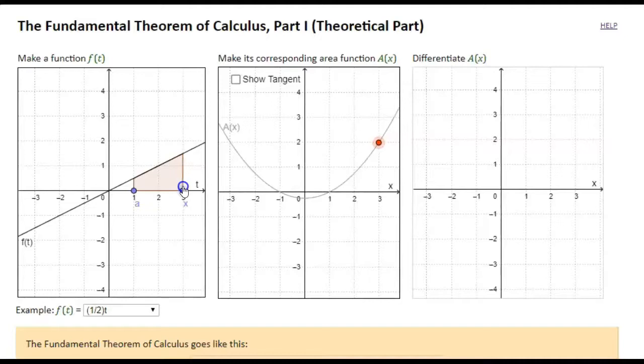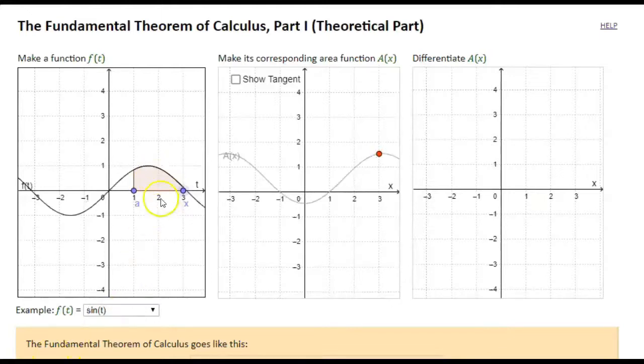Okay, if I asked you, what's the area of that shape right there? Okay, because at that point right there, it's about 1.5. All right, let's move A over a little bit. Okay, what's the area under the curve right now? 2.